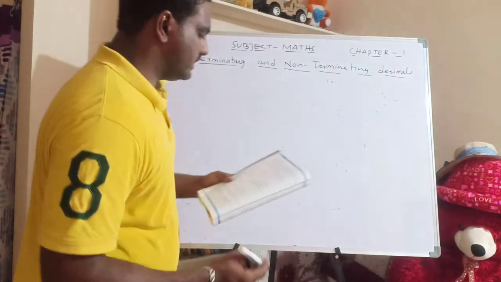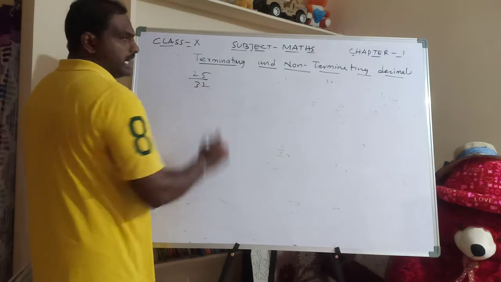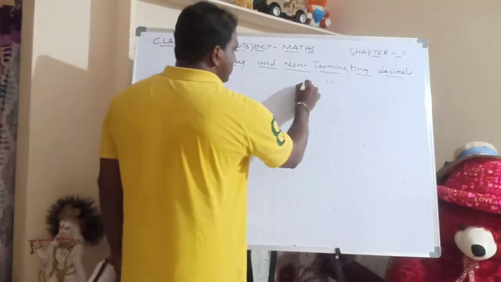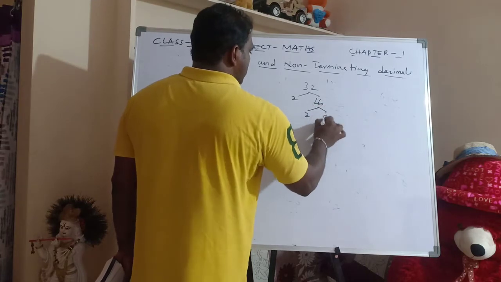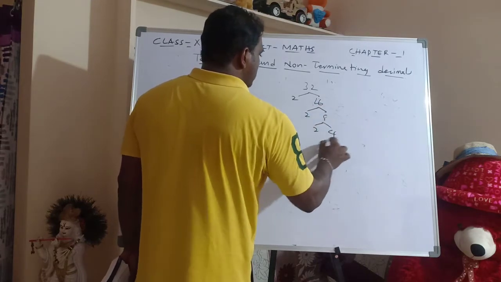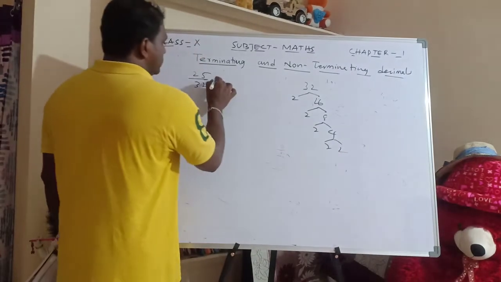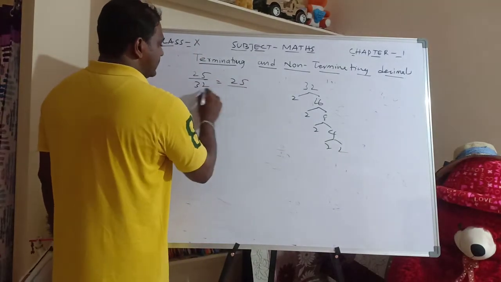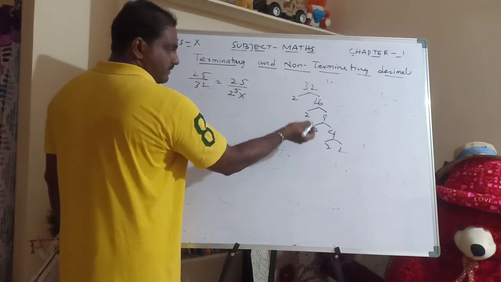Example number second one, 25 by 32. I am going to take this example. So without doing actual division, first what we have to do is write 32 in terms of prime factorization. 2 16s, 2 8s, 2 4s, 2 2s. That means 1, 2, 3, 4, 5. So 32 can be written as 2 power 5, and 5 is not there.